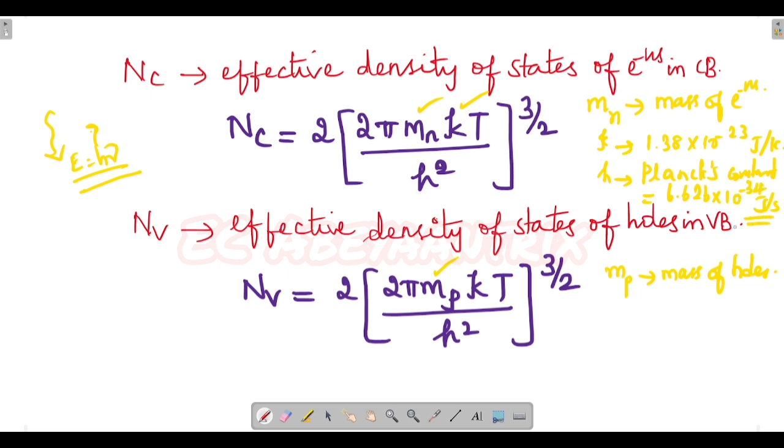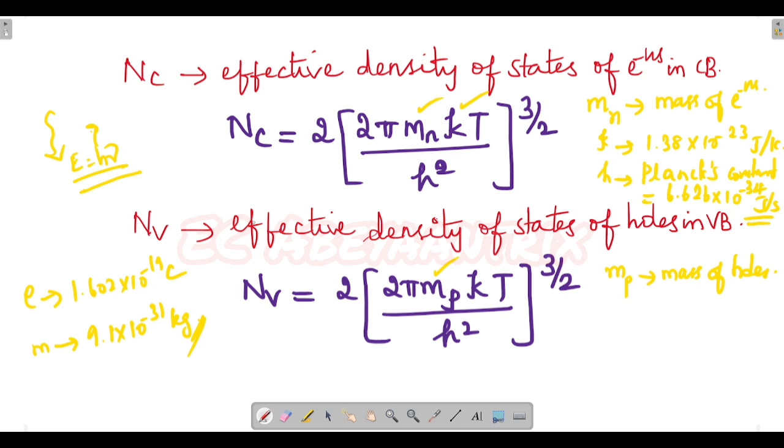We have learnt a lot of constant values: the Boltzmann constant k, Planck's constant h, and also e, the charge of the electron or a hole, 1.602 into 10 power minus 19 coulomb. Also, m means the mass of the electron or hole, whose value is 9.1 into 10 power minus 31 kilogram. Keep that in mind.